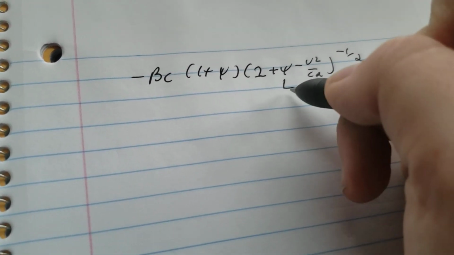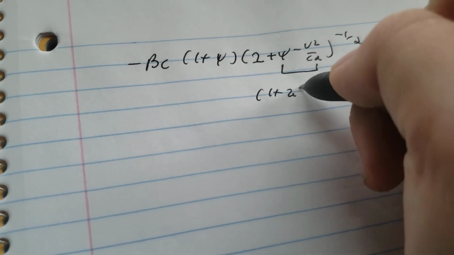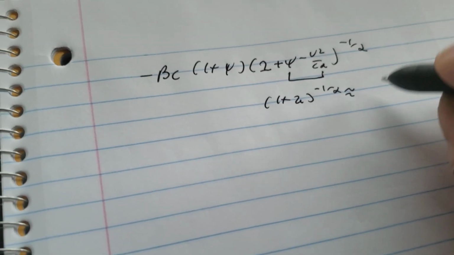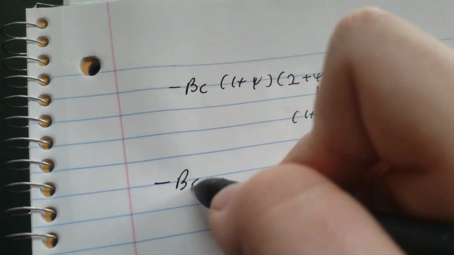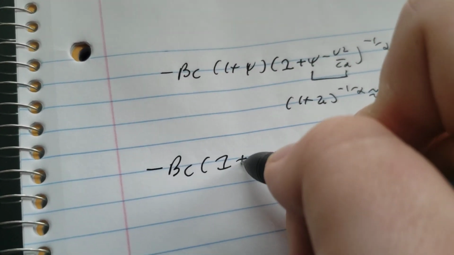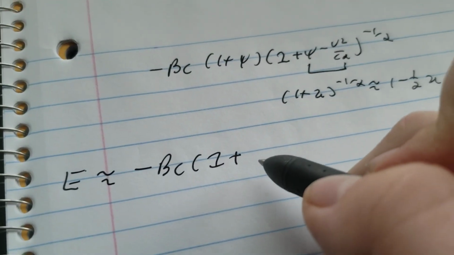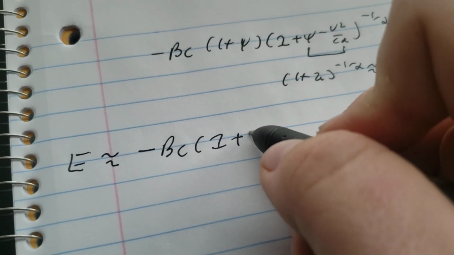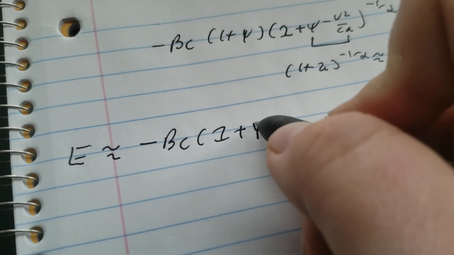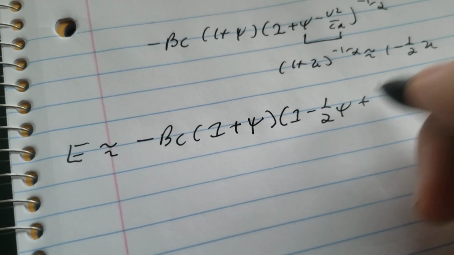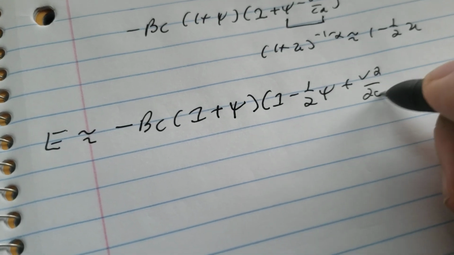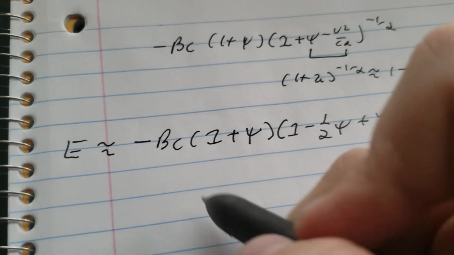Now that's a very small number, and 1 plus u to the negative 1/2 is approximately 1 minus 1/2 u. So E is approximately negative BC times 1 plus 1/2 psi plus v squared over 2c squared.